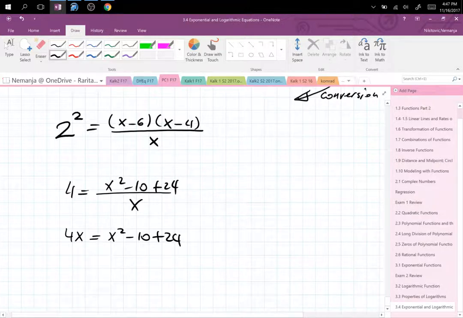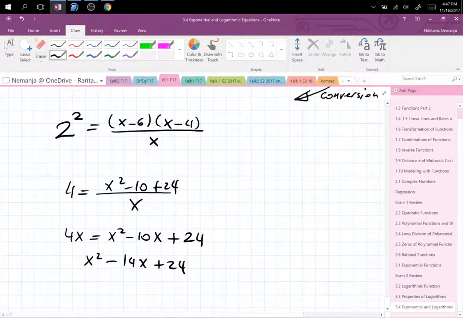The first rule of solving quadratic equations is to make everything equal to 0. So, x squared minus 14x plus 24. Hey, where's my x? So 4x moves, becomes a negative, and 10 is negative 14, and then the 24 stays. Alright, great.